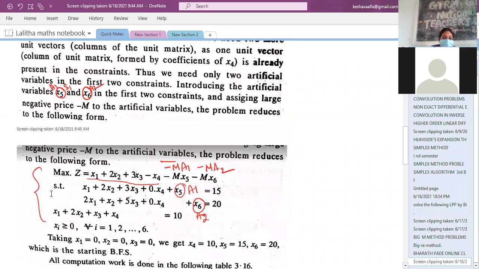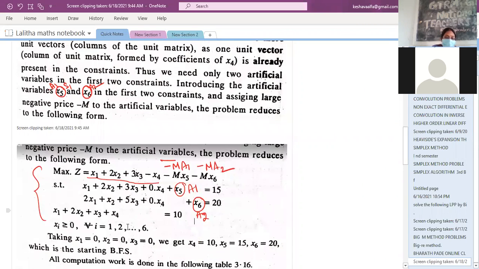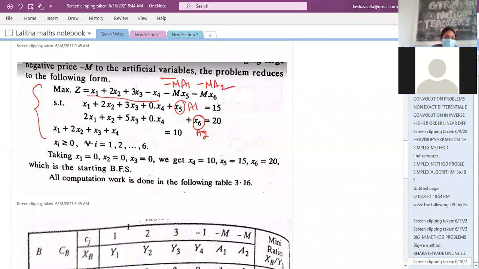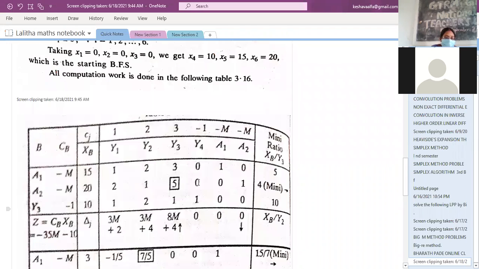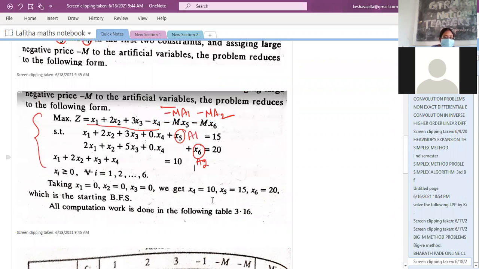In the third condition, there is no need to add an artificial variable, because in the simplex table we get a 3 by 3 unit matrix. So we require only two artificial variables, a1 and a2, that is x5 and x6.